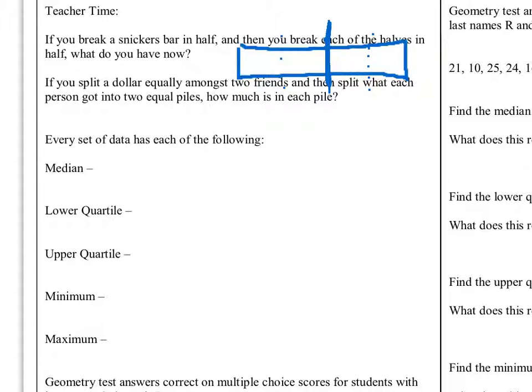If I have $1 and I split my dollar between Adriana and Graciela, but then Adriana takes the money that I give her and splits it in half, and Graciela takes the money that I give her and she splits it in half, how much is in each of their piles?